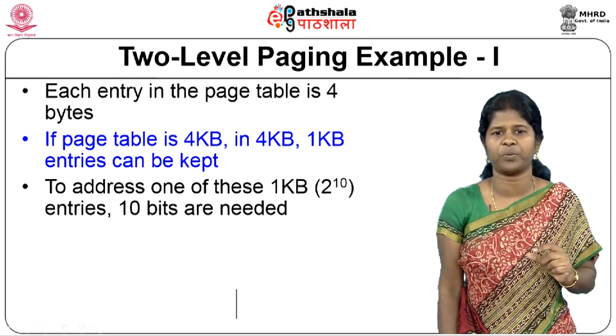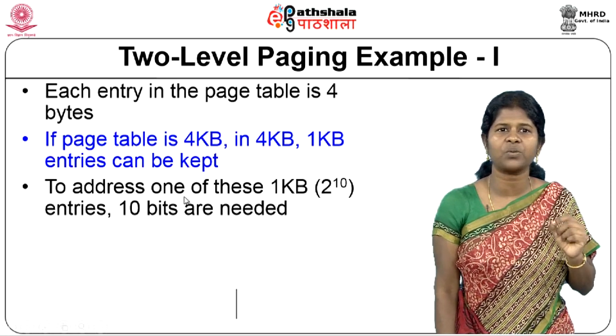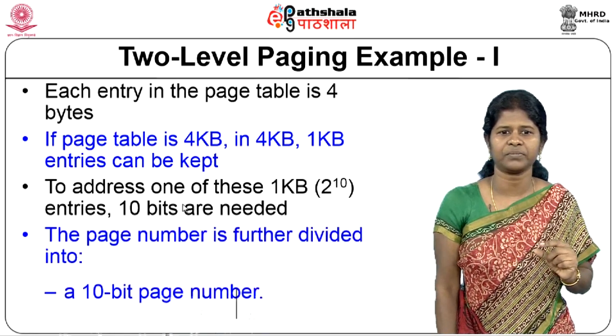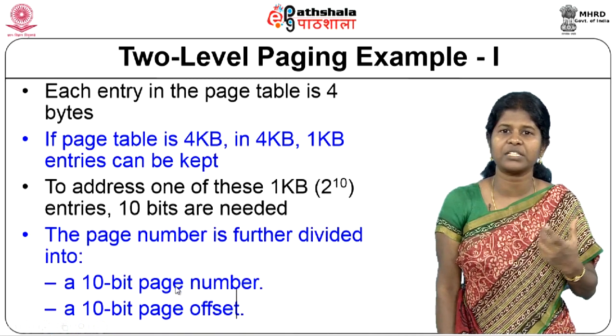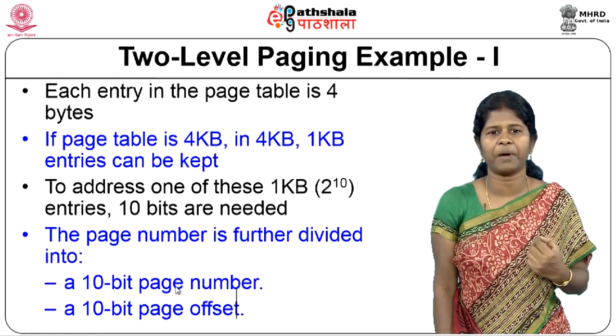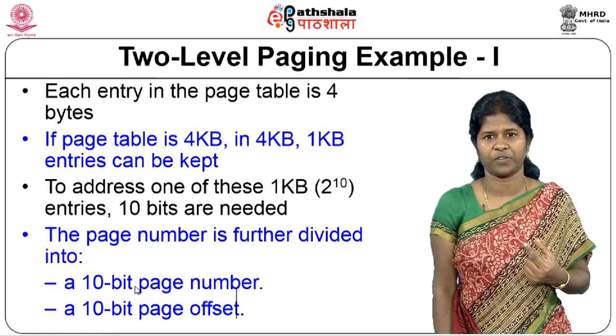So, 10 bits are needed to address one of these 1 KB entries. So, now the 20-bit page number that you had is divided into 2 parts, a 10-bit page number and a 10-bit page offset.